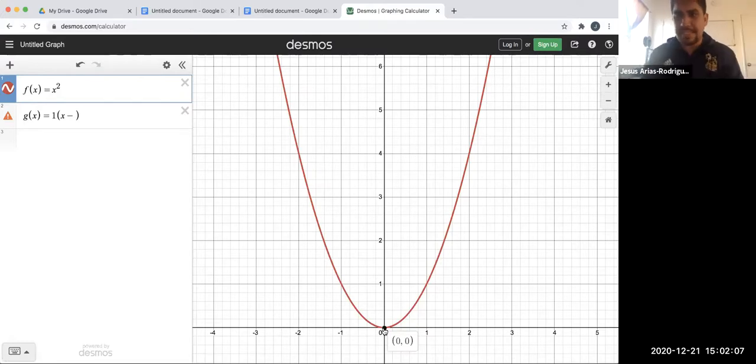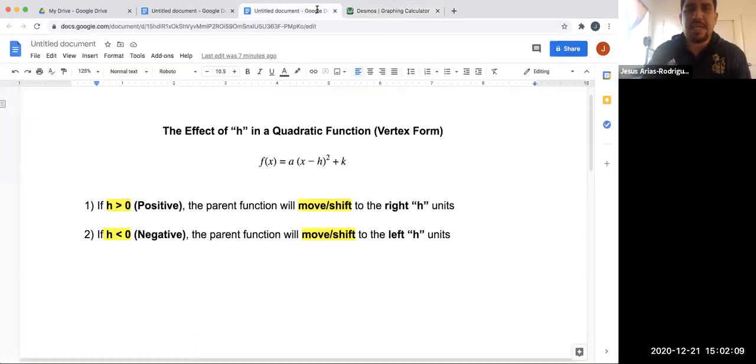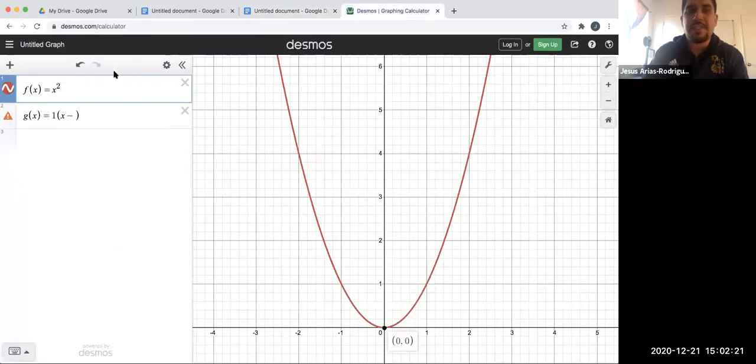Now, let's investigate these changes that we're talking about in cases 1 and 2. How is this value of h that we have in this equation of a quadratic function in vertex form going to change the behavior of this parent function f of x is equal to x to the power of 2? I'm going to begin by choosing this second function, which I'm going to call g of x.